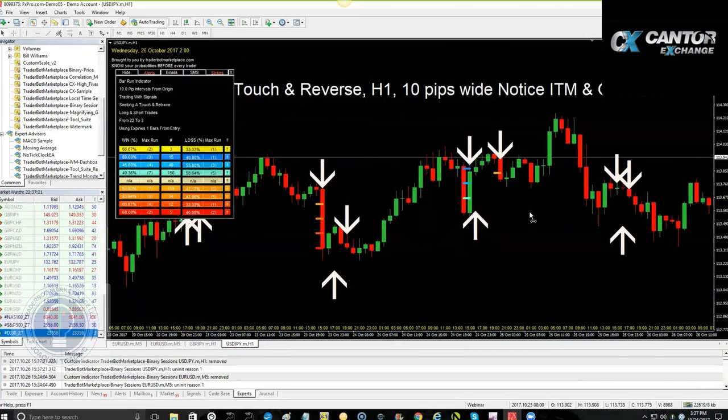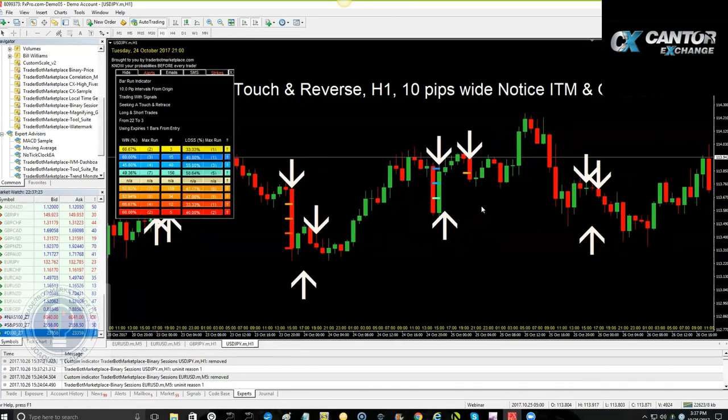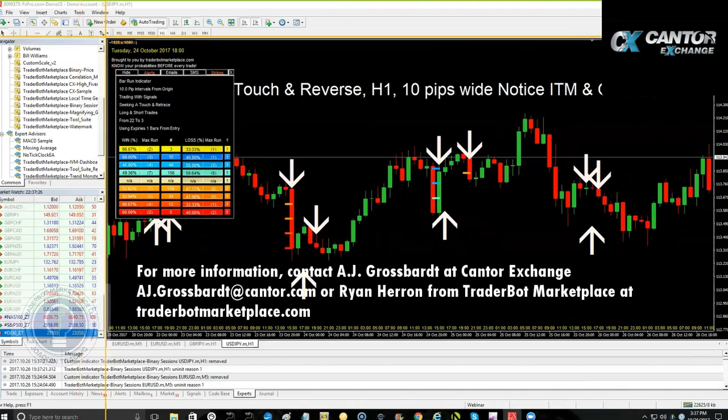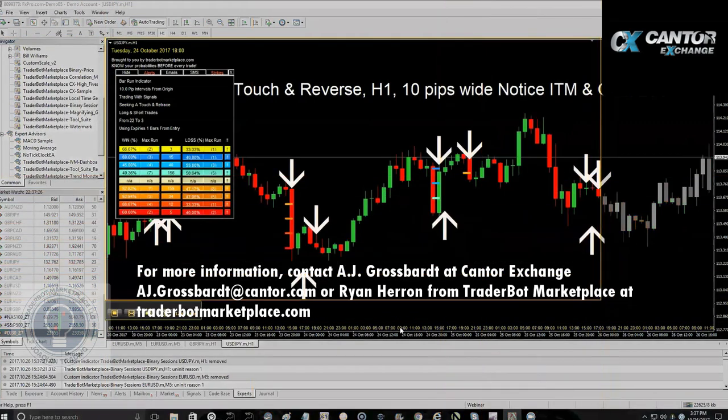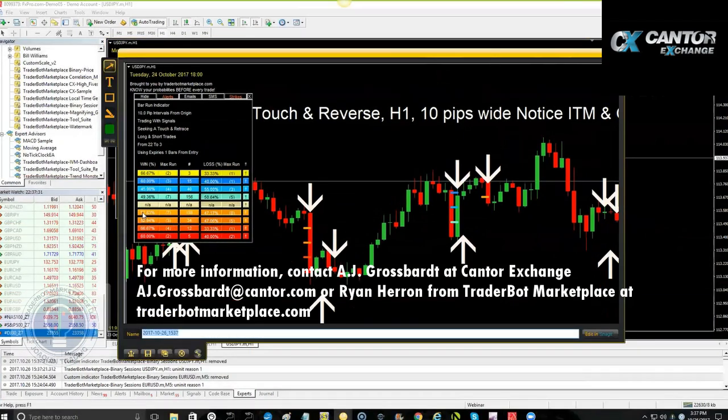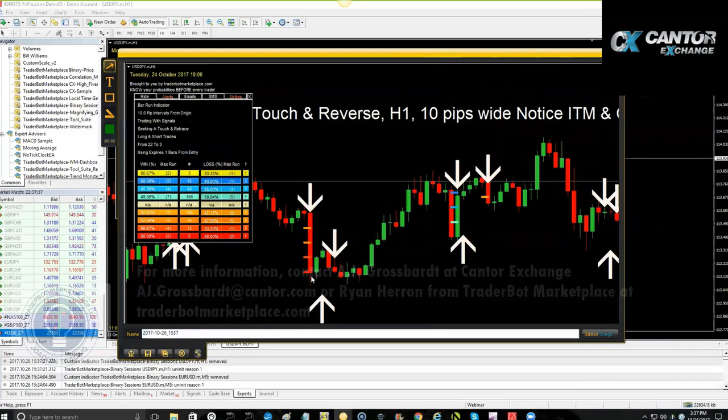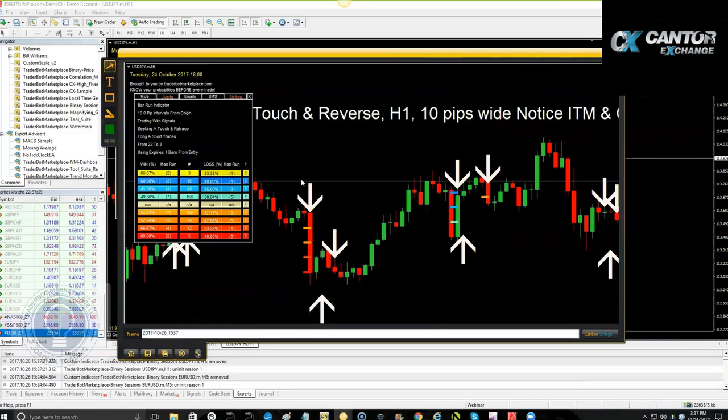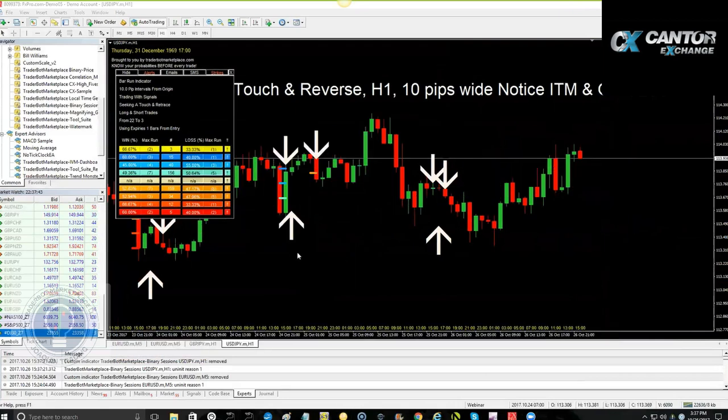Okay, what we've got here, this one's a little different. You're not going to see all the strikes. However, on a touch and reverse, what this is telling us is, if price touches, let's say price opens, and where are we at here? I don't like that picture.